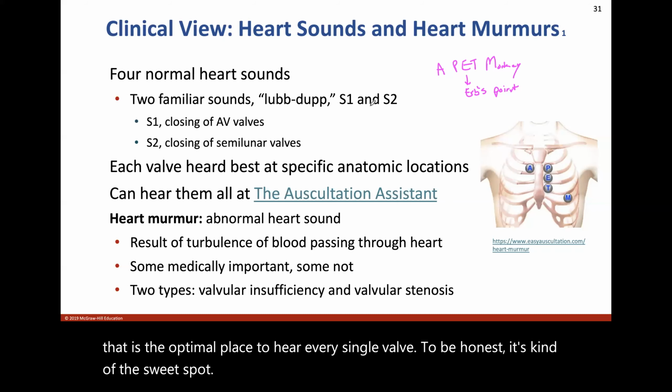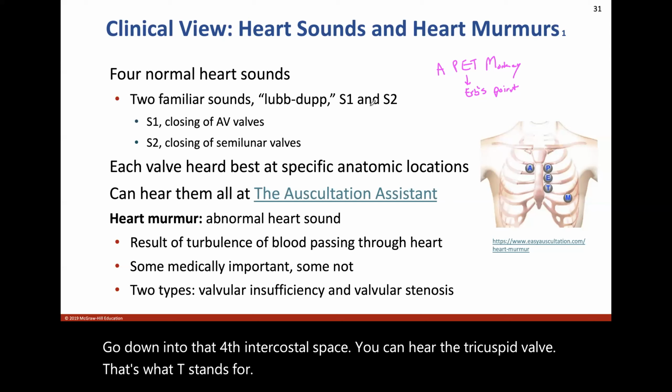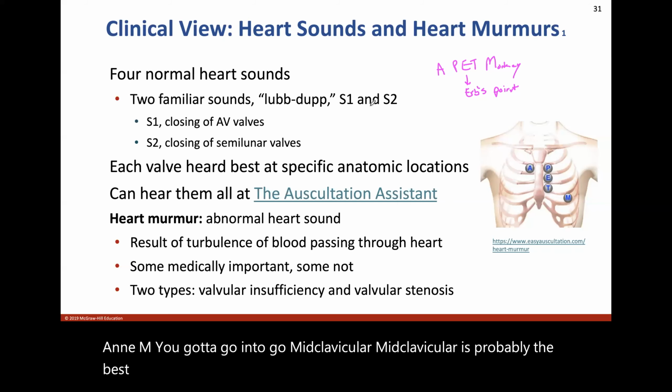Go down into that fourth intercostal space, you can hear the tricuspid valve. That's what T stands for. And M, you've got to go mid-clavicular. Mid-clavicular is probably the best way to identify it. You could say nipple line extended, but not everybody's nipples are in the same spot.